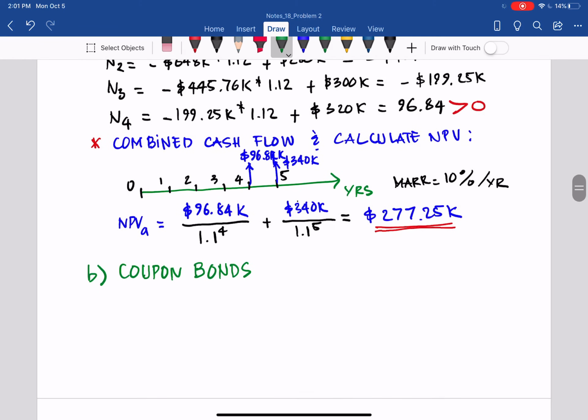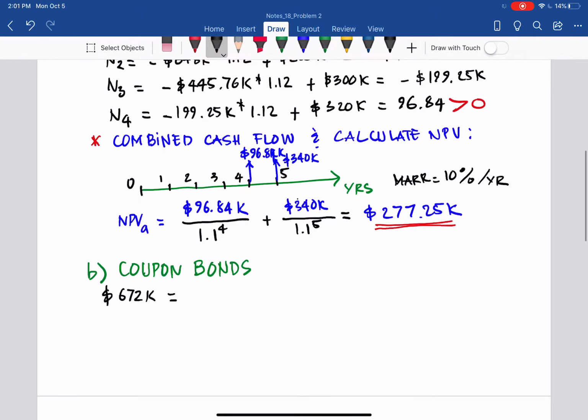So what does that mean here? The public agency's actual loan amount is 672,000, but the public agency net receipt is not that much.